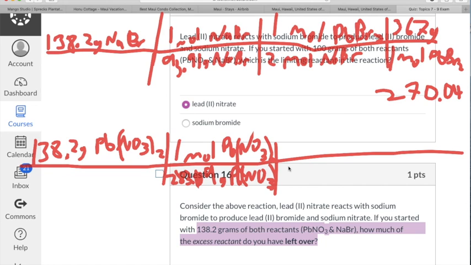So on my balanced reaction, I saw that it's going to be a 1-to-1 ratio. Yep, it's a 1-to-1 ratio. So I can even skip that step really. I'll write it in for the fun of it.